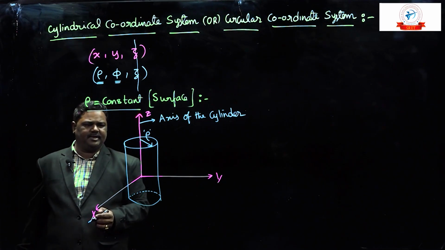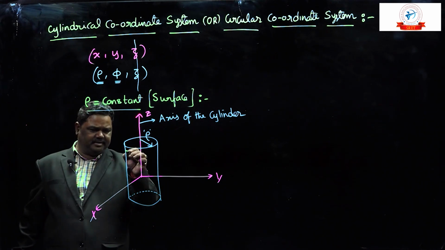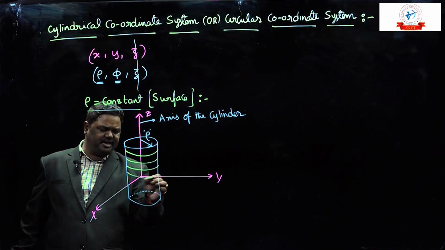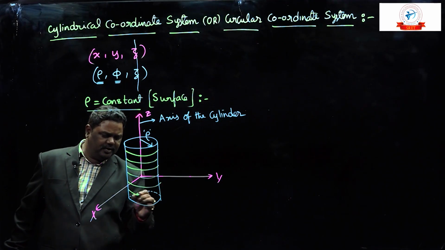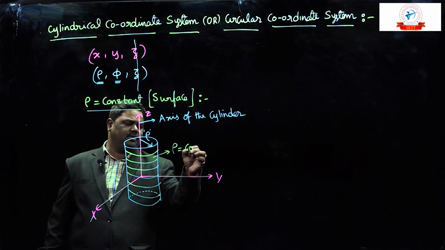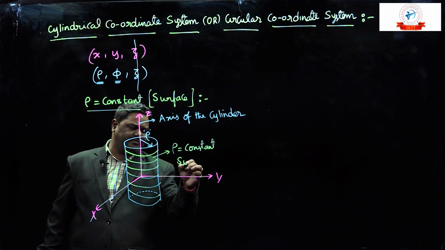Then the total surface of the cylinder is called the rho is equal to constant surface.